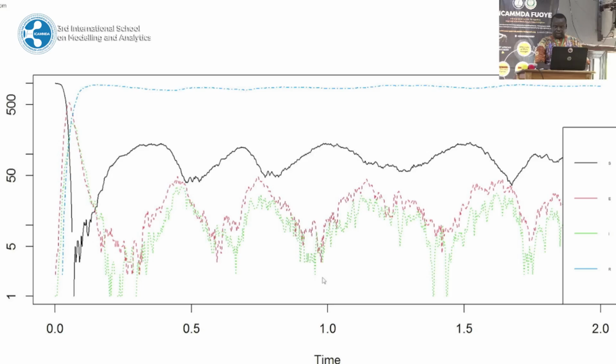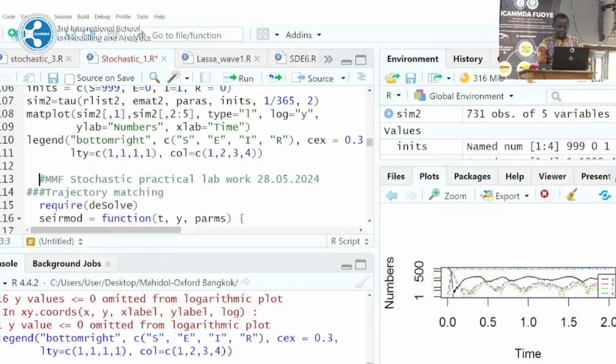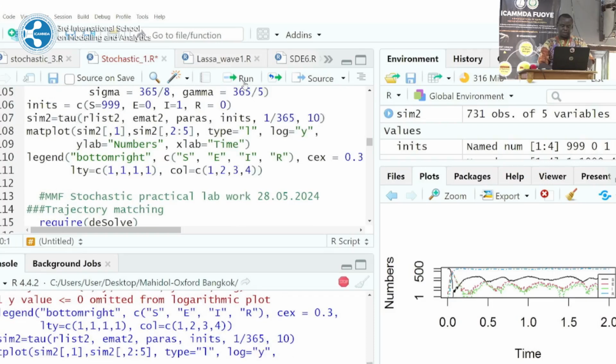We can as well do the same thing we did the other time by taking the range. That was 2 before. Let me say 10 now, and let's see what comes out.